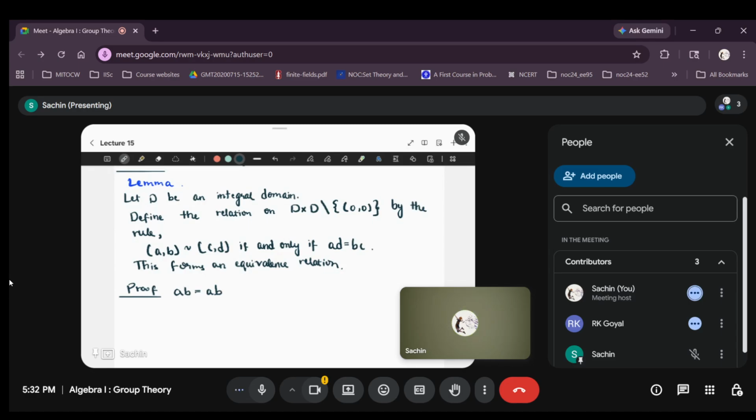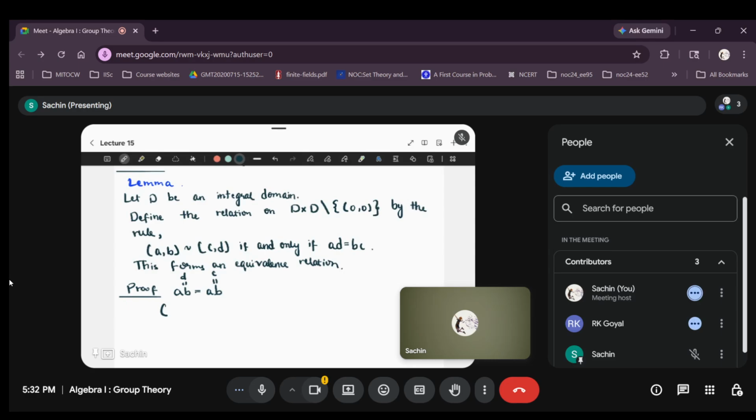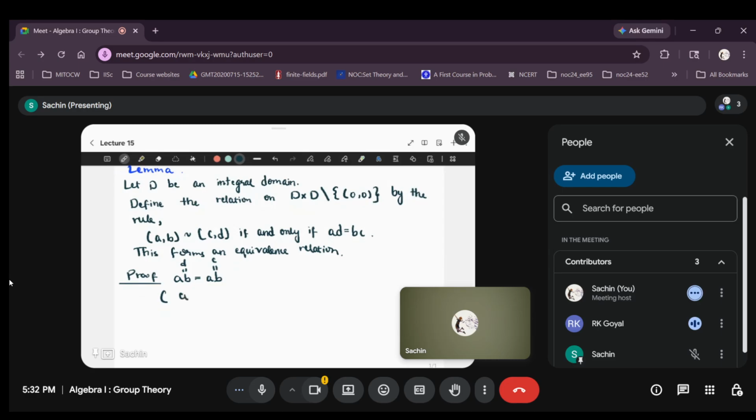AB is equal to AB. So this is actually our D and this is actually our C. Yeah, so we are looking at rings in which the multiplication is commutative.